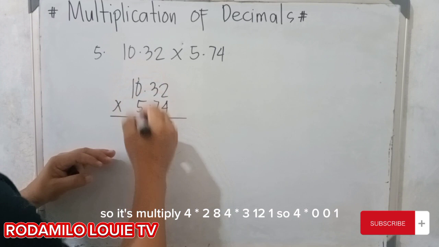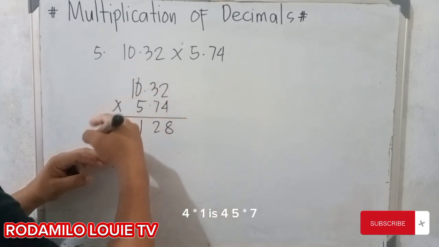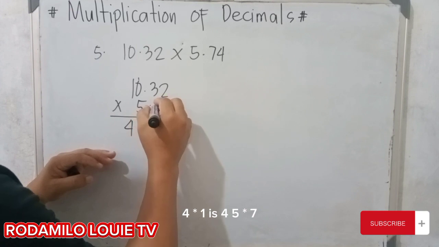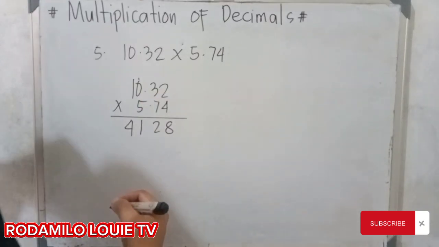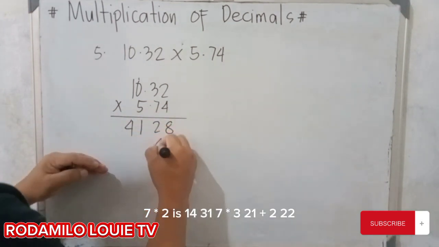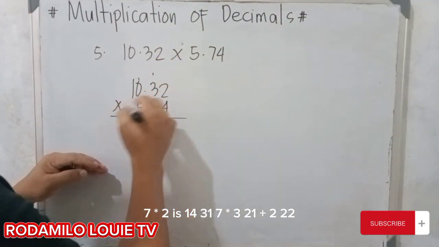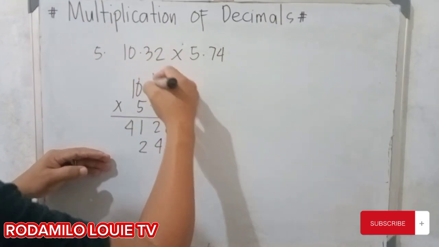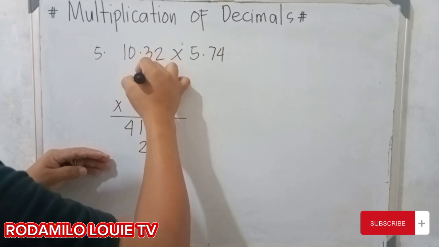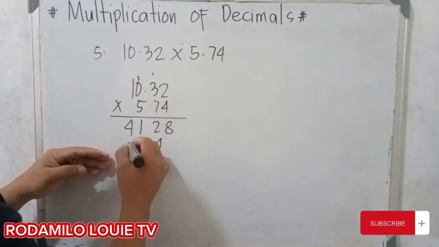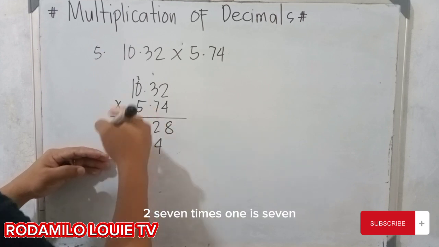So 4 times 0 is 0, plus 1. 4 times 1 is 4. Then 7 times 2 is 14. Carry 1. 7 times 3, 21, plus 2, 22. 7 times 0 is 0, plus 2 is 2. 7 times 1 is 7.